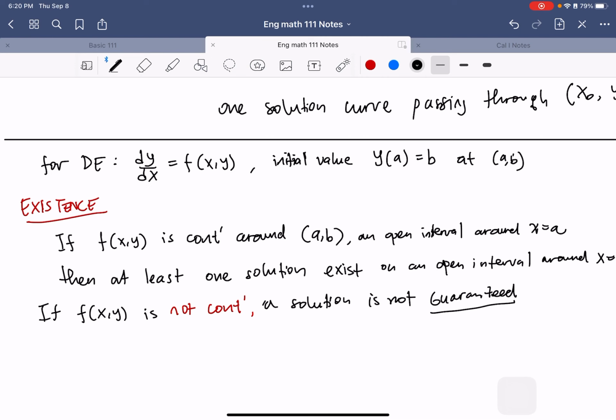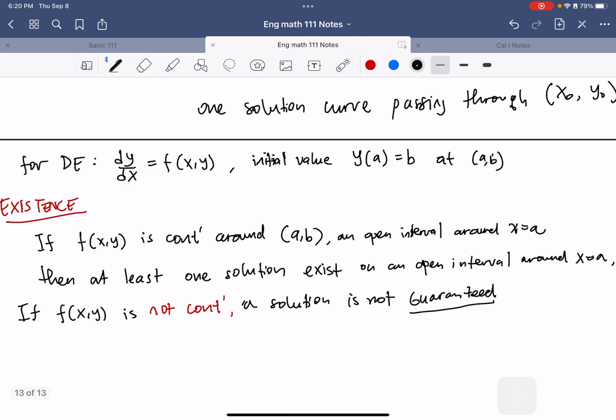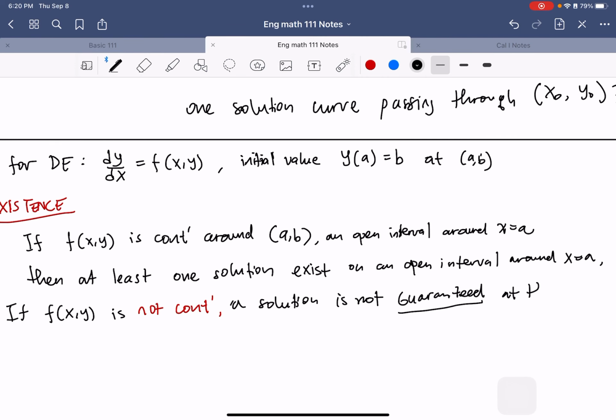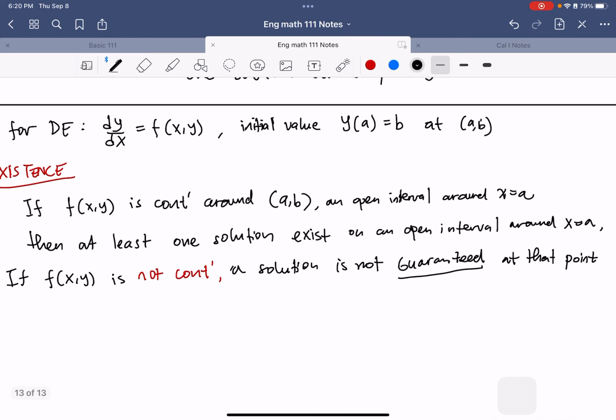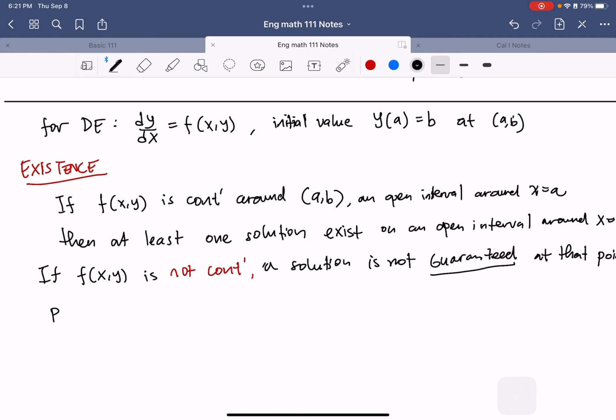So we are not sure whether there will be a solution or not at that point. And then we ask, x equal a cannot be the endpoint of the interval.